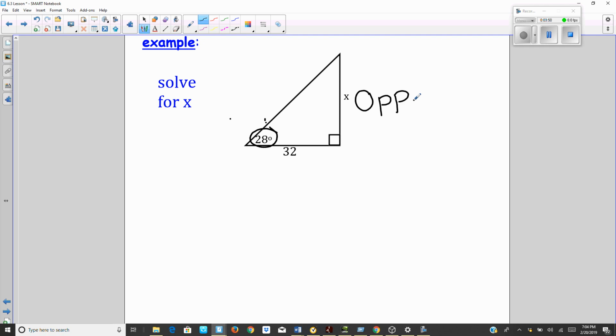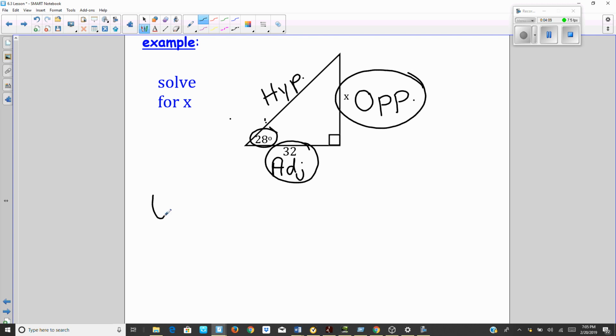The hypotenuse is the longest side, the side that's opposite the right angle. So here's our hypotenuse. We're not using that in this problem because there's no number, no letter there. And then 32, of course, is our adjacent side. So we need to pick the trig function that uses O and A. And of course, that is the TOA of SOHCAHTOA.